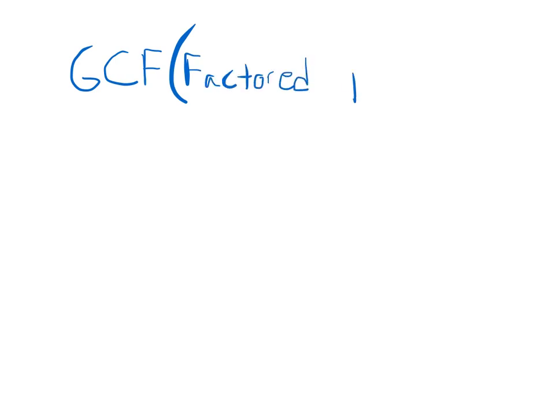It should look like this. You should have the GCF on the outside, and then the factored polynomial in the parentheses. Okay, so that's how it should look.